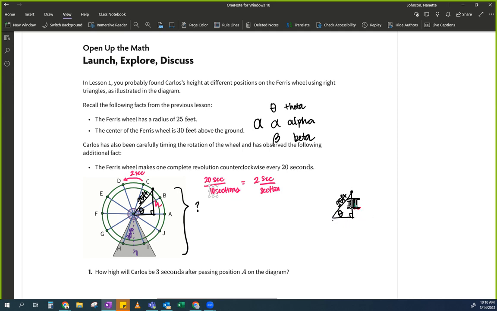Okay, so looking at here, what can I use? What is the thing that I'm going to be looking at? What am I going to be looking for now? What is the deal? How am I going to find H?